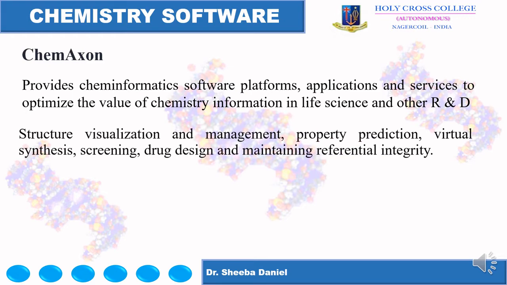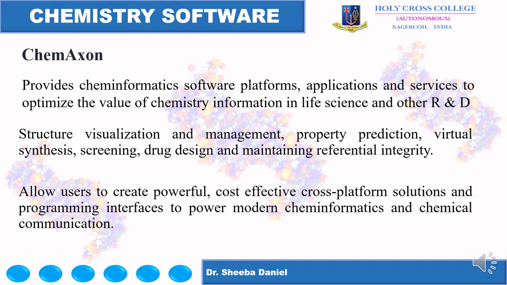It provides structure visualization and management, property prediction, virtual synthesis, screening, drug design and maintaining referential integrity. So these are some features of ChemAxon. And it allows users to create powerful, cost-effective, cross-platform solutions and programming interfaces to power modern chem informatics and chemical communications.